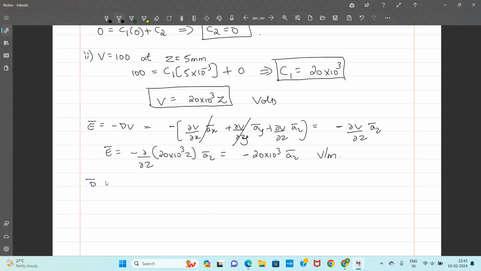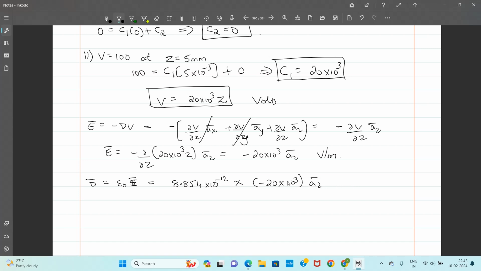So once you get intensity, the next thing is you're supposed to calculate flux density. And flux density is nothing but epsilon into E. Here nothing is mentioned about epsilon R, so I can assume it is free space. So epsilon naught into E. Epsilon naught is 8.854 into 10 power minus 12 into the E value whatever you got, minus 20 into 10 power 3 in AZ direction.